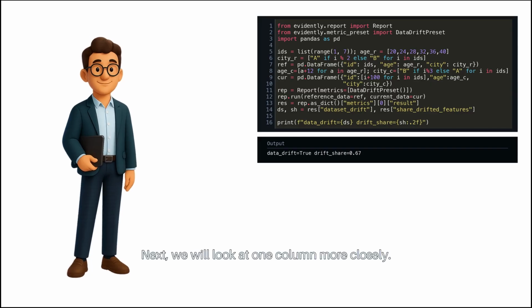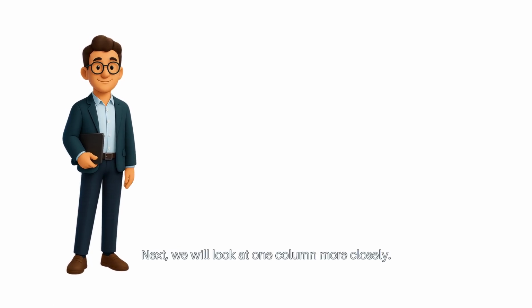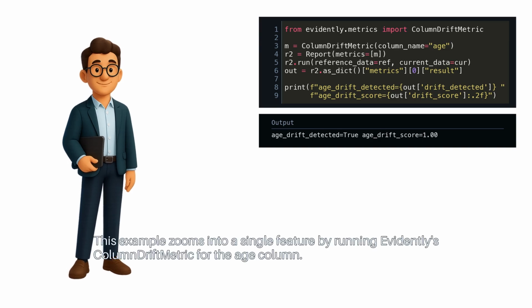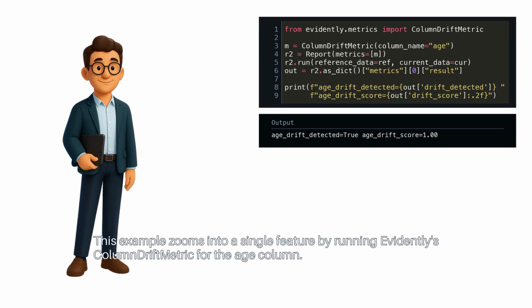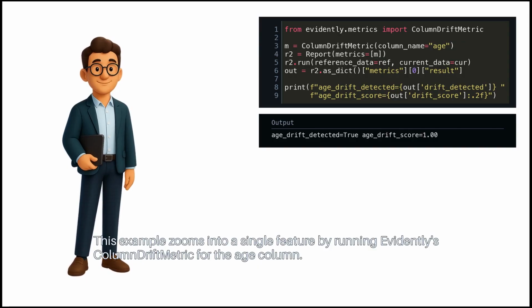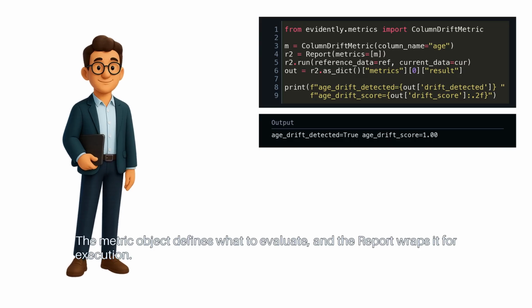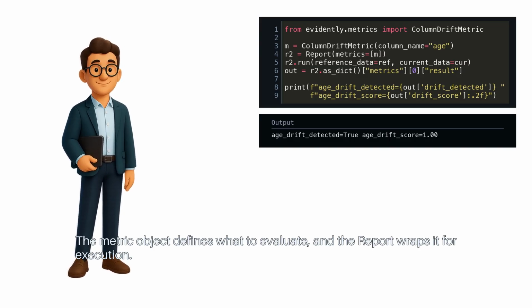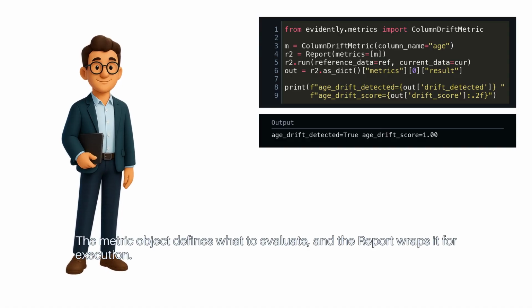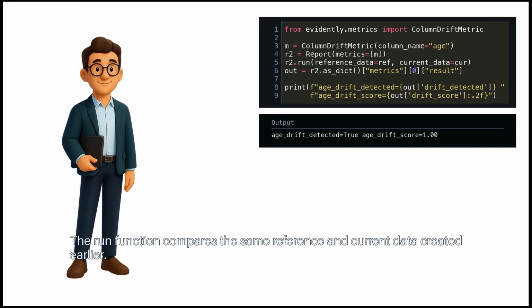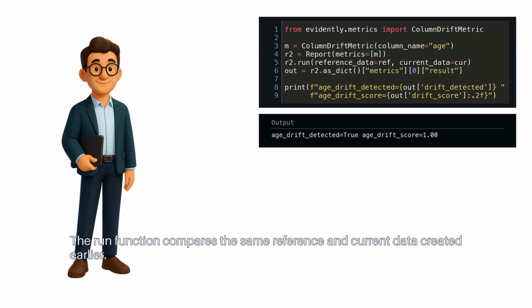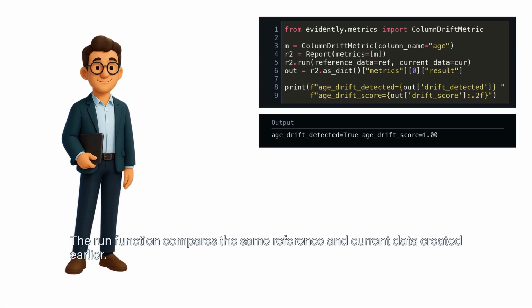Next, we will look at one column more closely. This example zooms into a single feature by running Evidently's ColumnDriftMetric for the age column. The metric object defines what to evaluate, and the report wraps it for execution. The run function compares the same reference and current data created earlier.